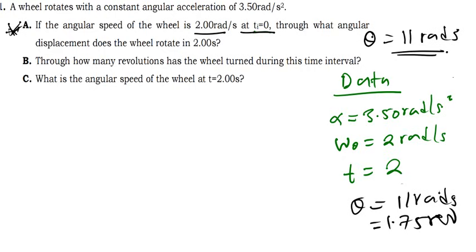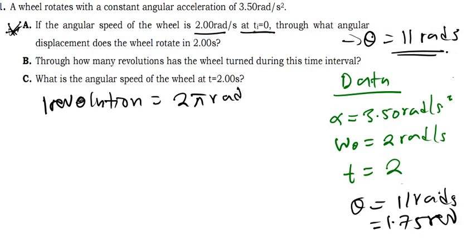It's the same theta we are talking about, but they want you to put it in revolutions. So when you're talking about revolution, I want you to understand that one revolution is equal to 2 pi rad. This is the conversion we use. We have 11 rad. We want to find the revolution, so I'll put x.